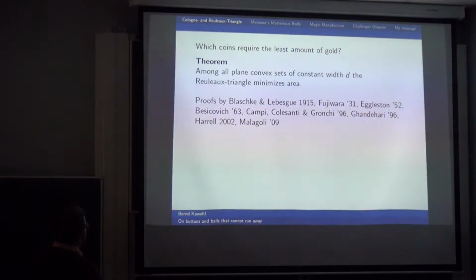The first ones were given by Blaschke and Lebesgue, and in fact this is known as the Blaschke-Lebesgue theorem. And it's interesting how Lebesgue came up with the proof, because Lebesgue wanted to study a version of the Buffon needle problem.